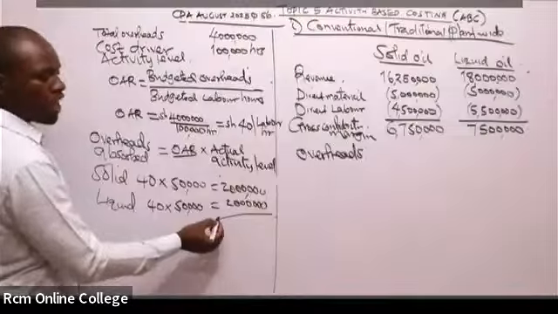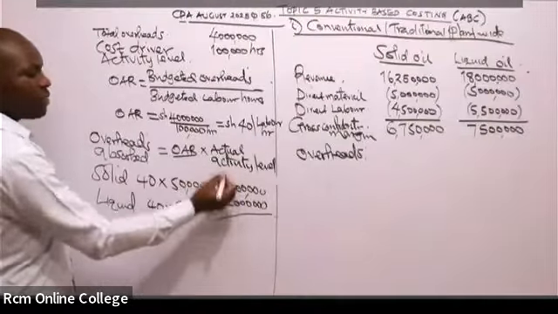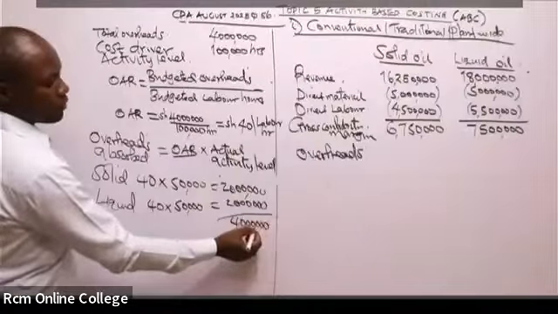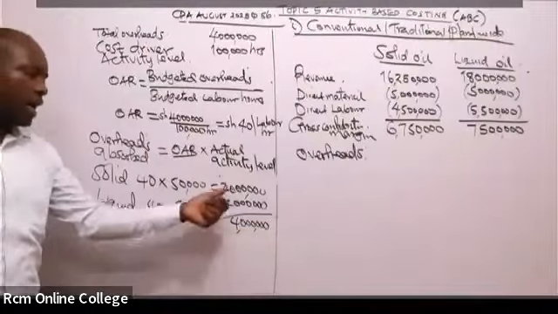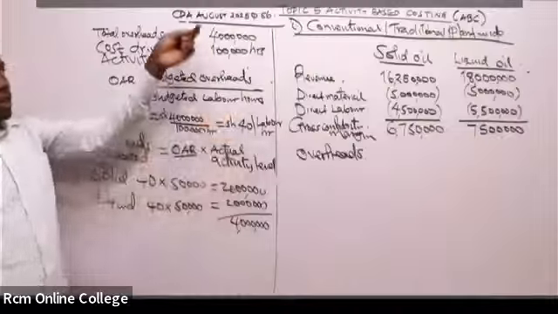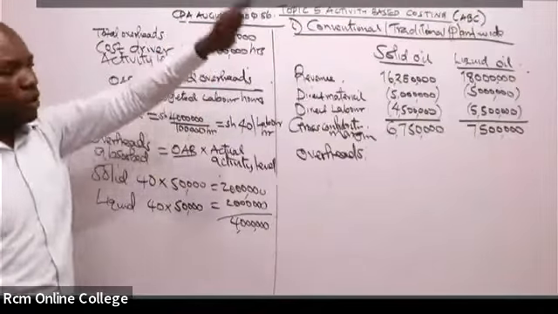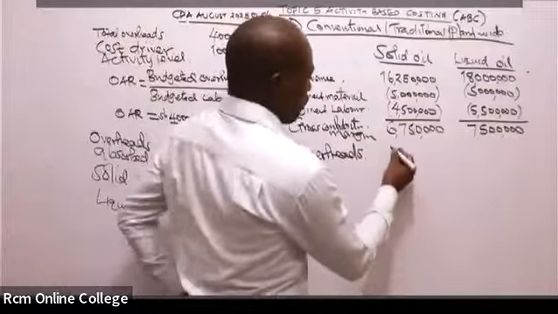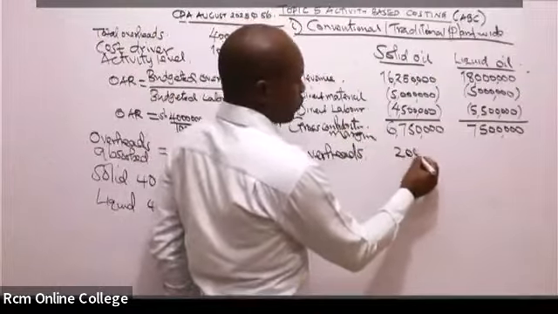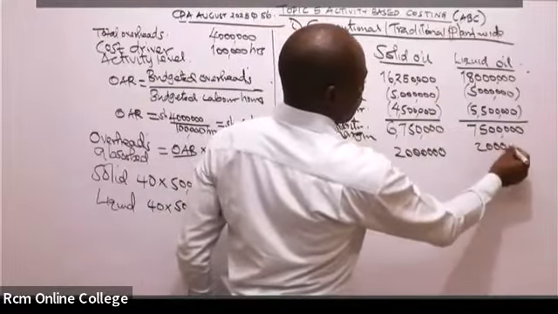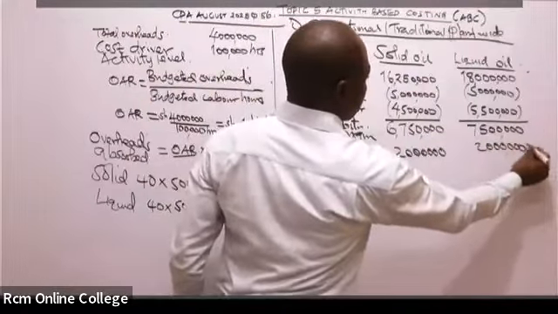Is it true that when you add the overheads absorbed, it takes us back to our budgeted overheads? So this 4 million will be shared to the two products as 2 million, then we also have 2 million.